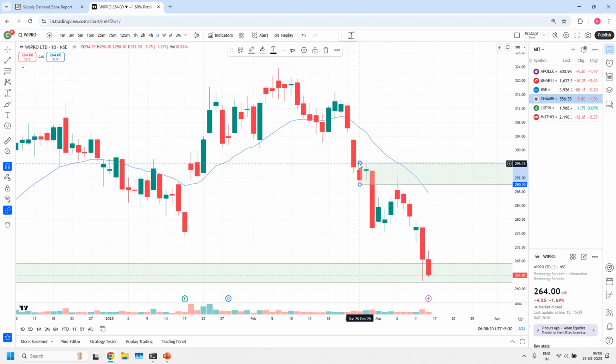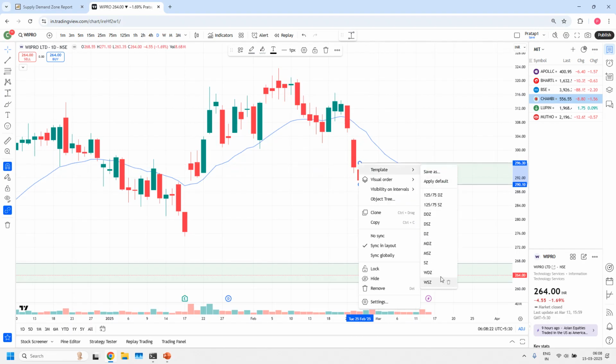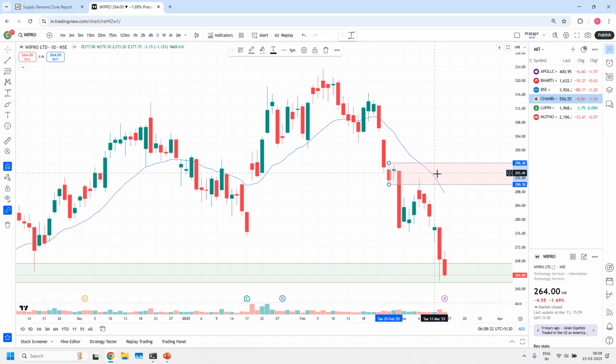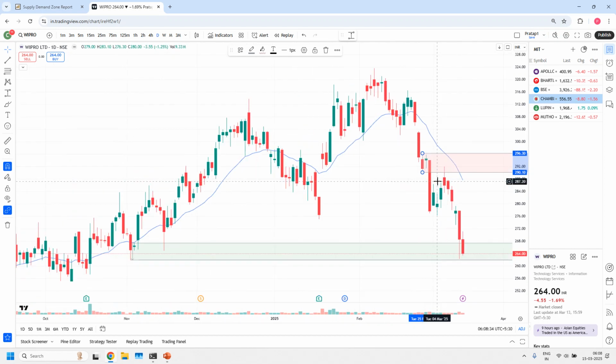See, from this supply zone, this is the daily supply zone. See, because it is a high liquidity zone, prices went and then how sharply again came to the demand zone. This is what you have to understand. But is it still valid to take a trade or is it no more valid?